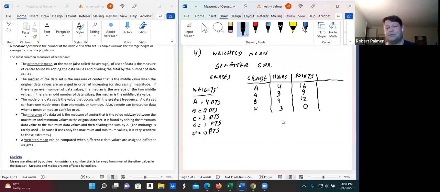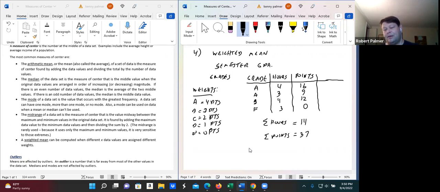Now what I want to do is sum these up, so sum up our hours. Remember this Greek letter sigma means sum. That's going to be equal to, so 4 plus 3 is 7, plus another 4 is 11, plus 3 is 14. Then we also want to sum our points, the total number of points for the semester. That's going to be 16 plus 9 is 25, plus 12 is 37.